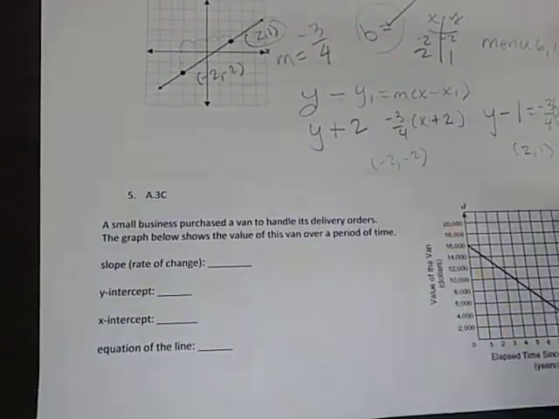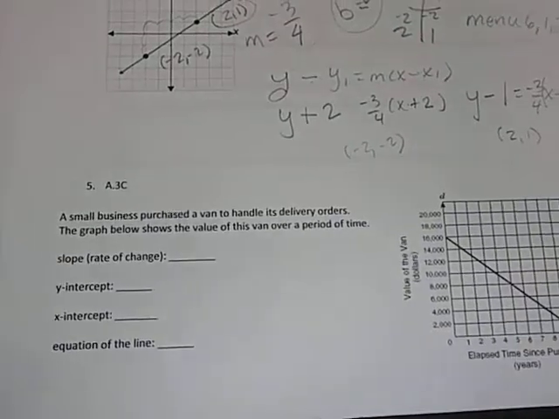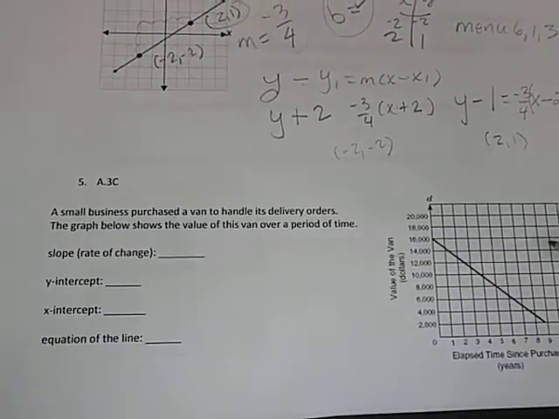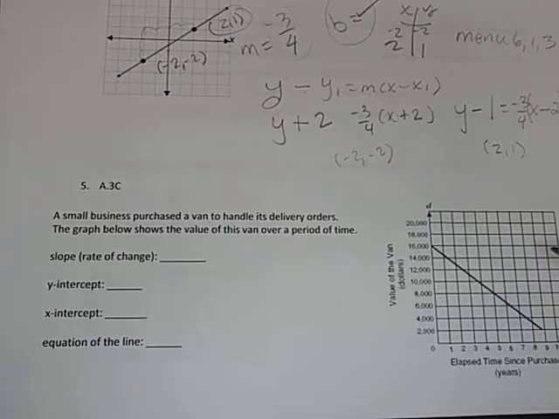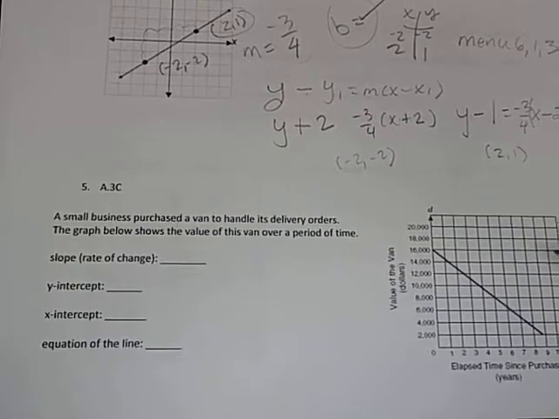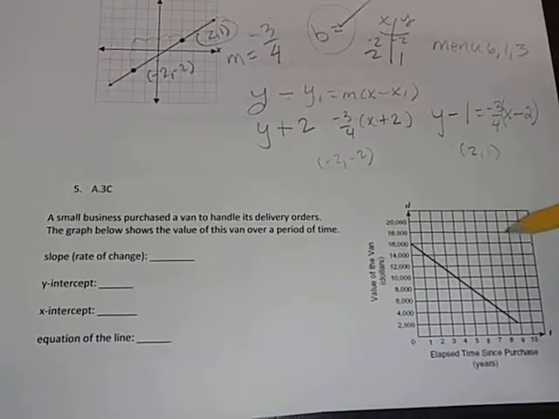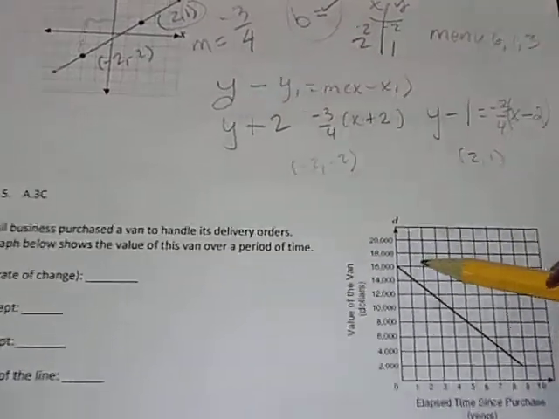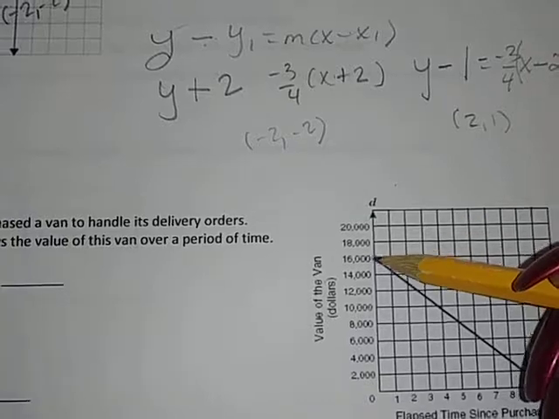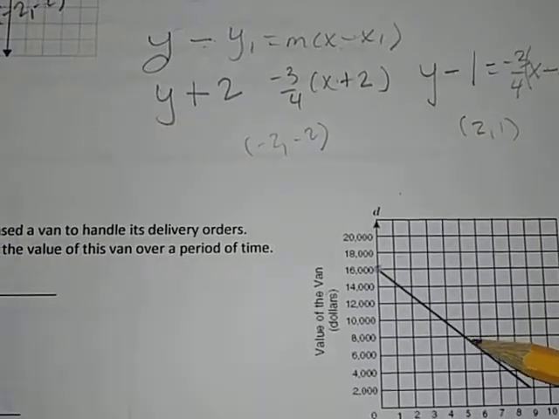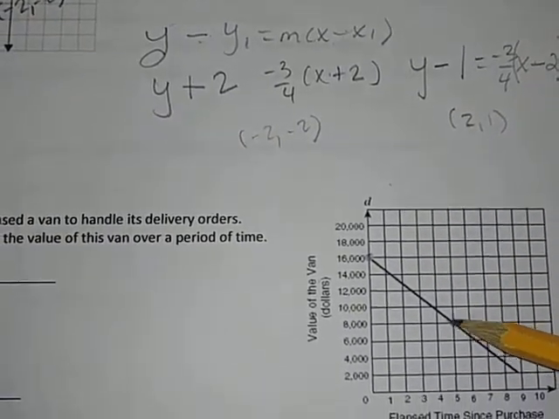Okay, number 5. A small business purchased a van to handle its delivery orders. Well, I need the slope. Let's find it. I can choose this point, the y-intercept, and this point.